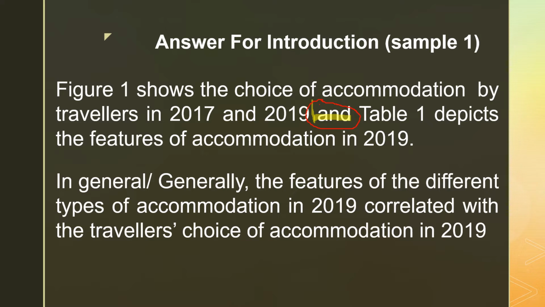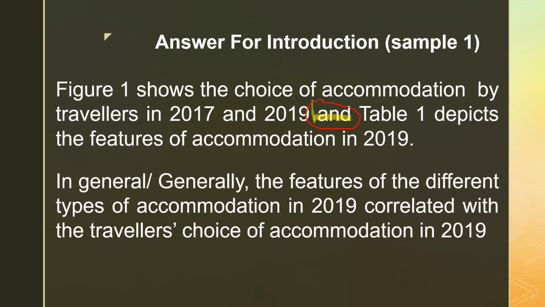Therefore, you are only able to link those information in 2019. I repeat, you have to mention the correct time frame in order for you to secure your piece of analysis writing. If not, it will show a defect and it will bring down your band or your mark.